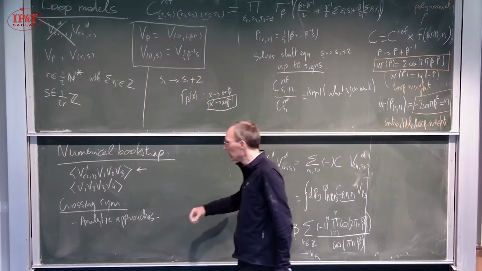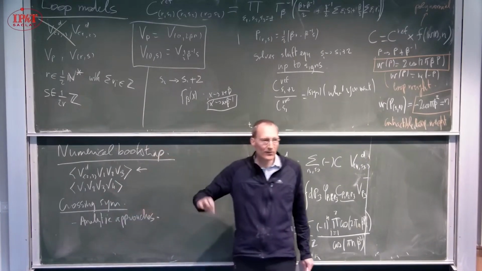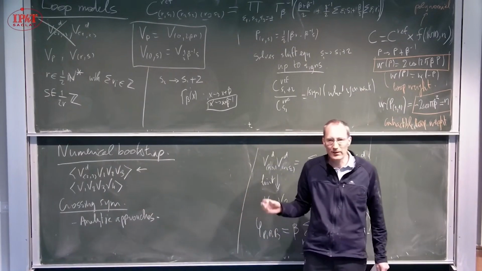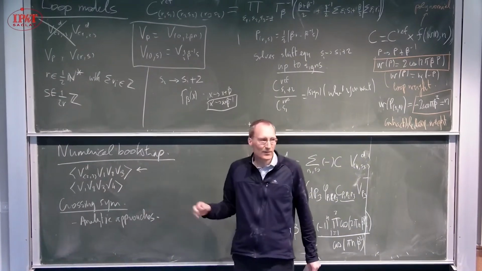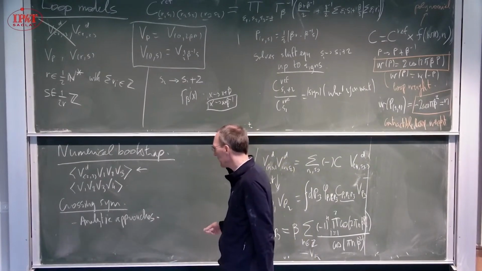Because if you do that, you're building your 4-point function as some object, not in any given channel, and then what you have to show is that you can decompose it into conformal blocks in any channel. So you have some object which is already crossing symmetric, but you still want to decompose it. There are several of these approaches.